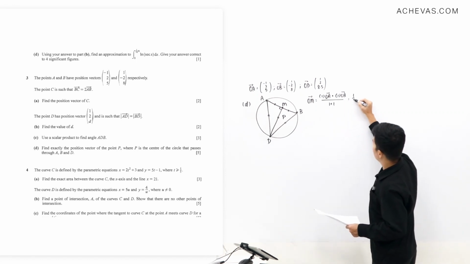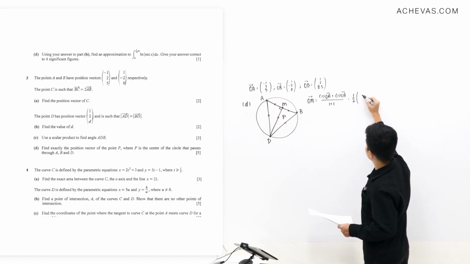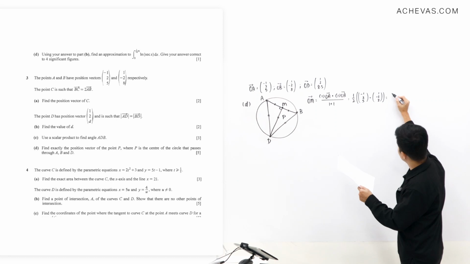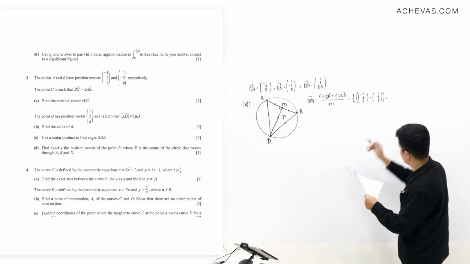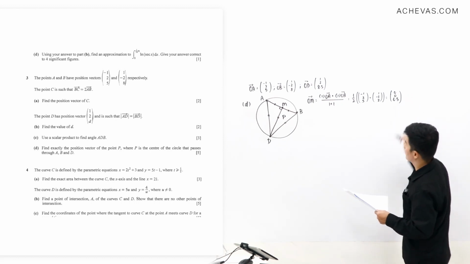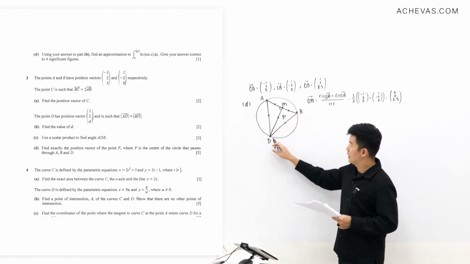So it's going to be half of OA, which is (-12, 5), plus OB, (1, -28). And this is equal to OM, which is (0, 0, 6.5). Okay, so this is done, and I have this.